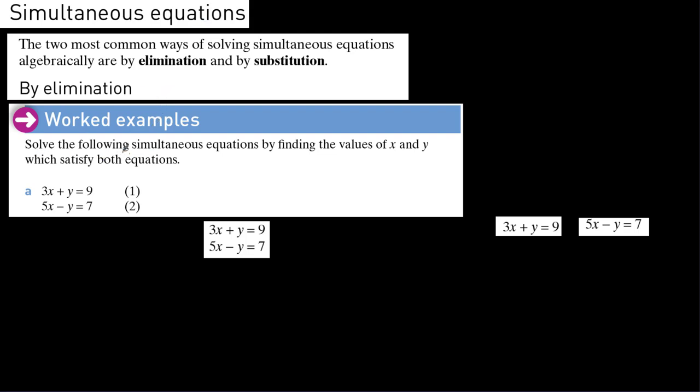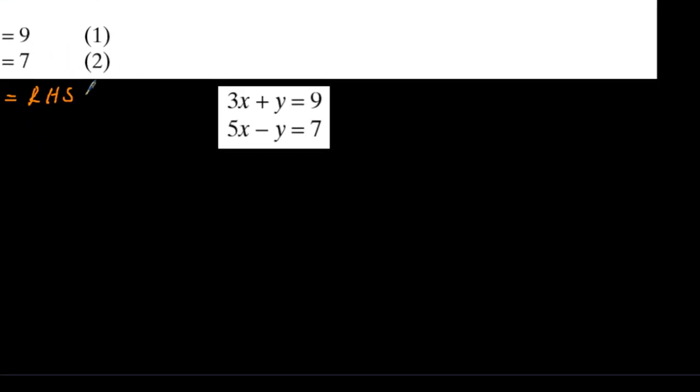In the elimination method, we should be careful that the left-hand side and right-hand side are equal to each other, which means we add them side by side.